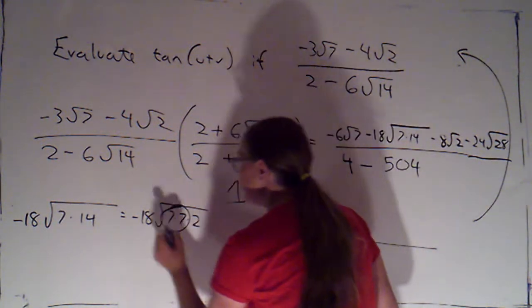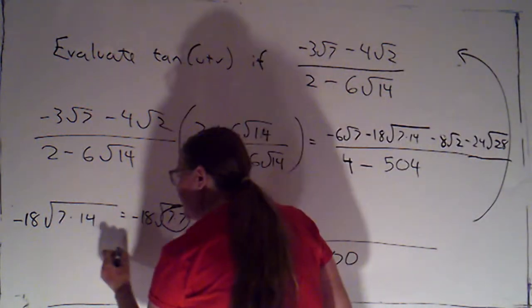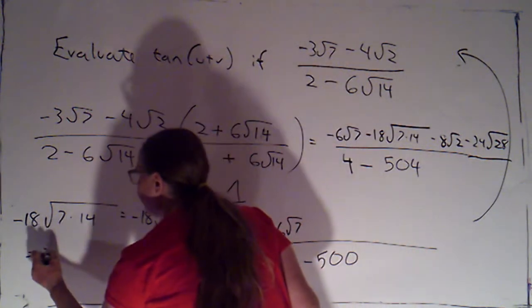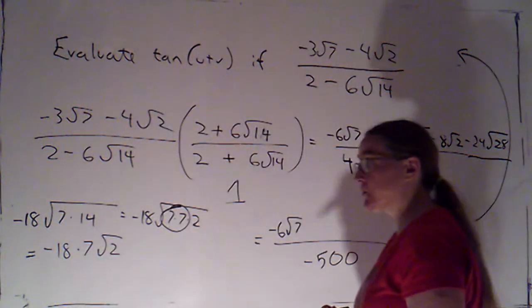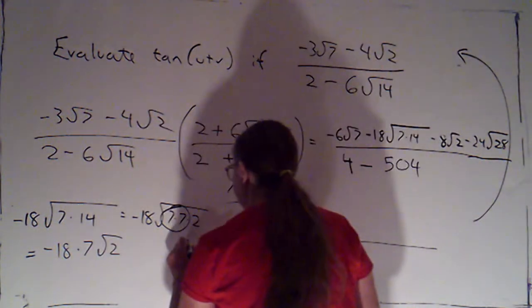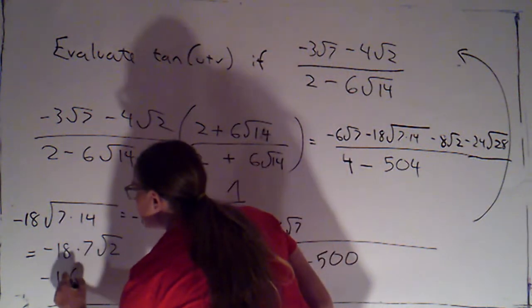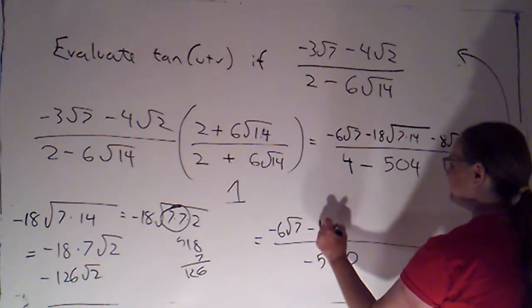So there are 2 7s. That's a 7 squared under the square root. I can pull that out. But everything was connected by multiplication, so it's still connected by multiplication. So I'm going to have negative 18 times 7 times root 2. So what's 18 times 7? Negative 126 root 2. That's my next term.